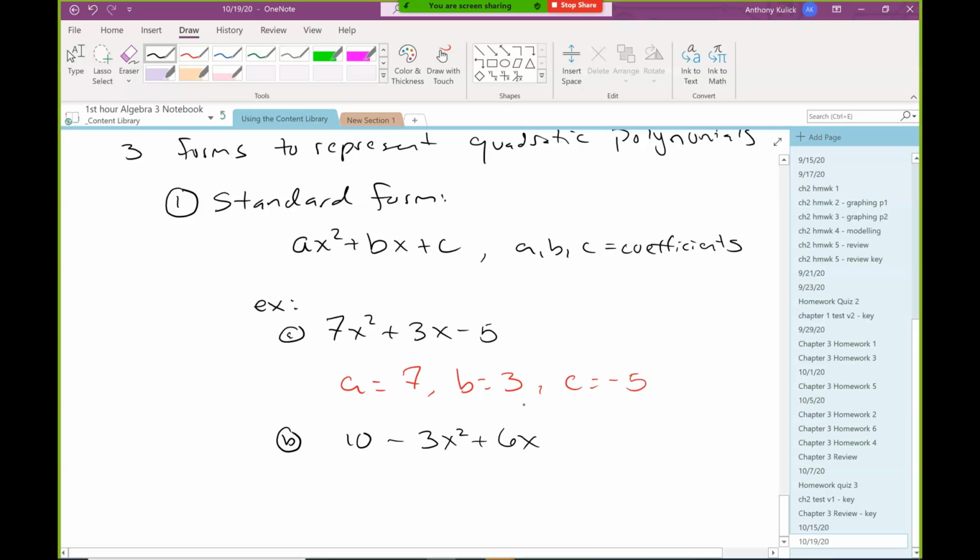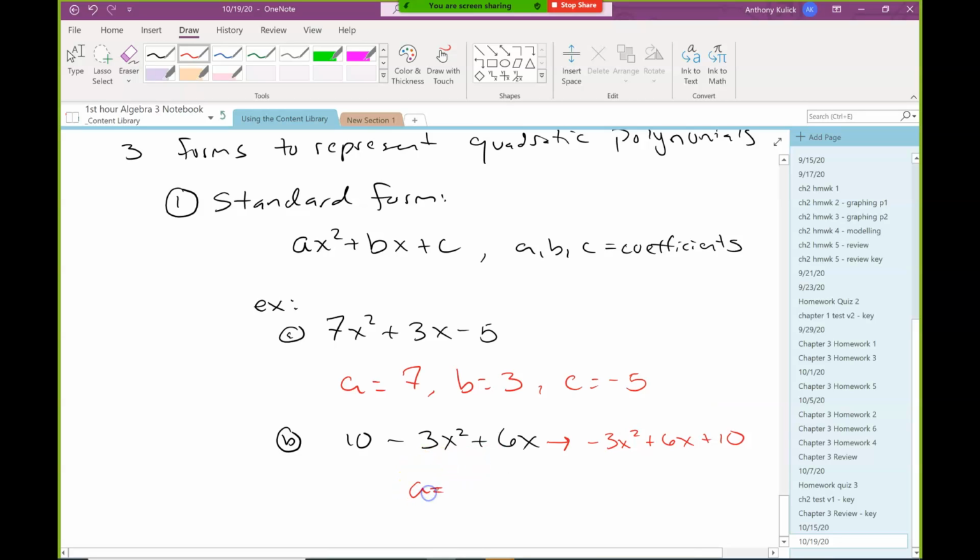Is this written in standard form? Technically, no. What's wrong with it? The terms are written in the wrong order, right? So how would we rewrite this so that it is in standard form? So we do negative 3x squared plus 6x plus 10. Is everybody okay with that?